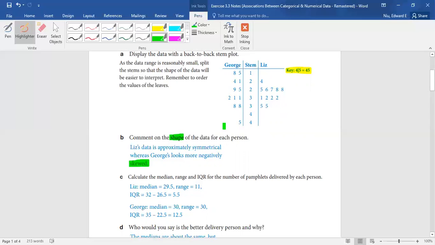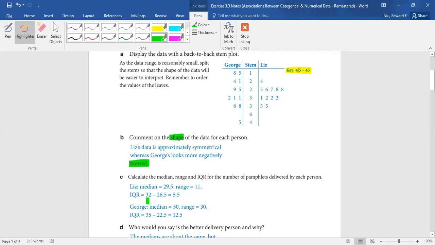But that doesn't really change how we calculate the median. You would still count to the middle. For Liz, 29.5 would be your median. That lies just past the 28 and just before the 31, so right in between. So it's a split. You add 28 with 31 and divide by 2 to get your 29.5. The range is your highest number take away the lowest number.